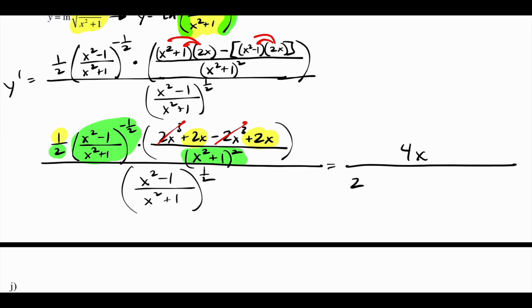I have a 2. I have a x squared minus 1 over x squared plus 1 to the 1/2. I have one that's already there.